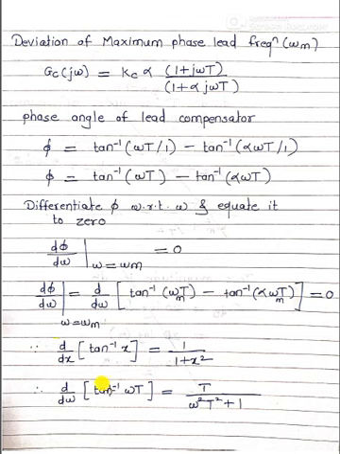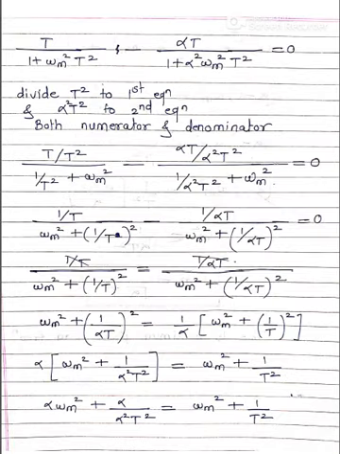As a standard formula, the derivative of tan inverse x with respect to x is always 1 upon 1 plus x square. Similarly, d upon d omega of tan inverse omega T is T upon omega square T square plus 1.